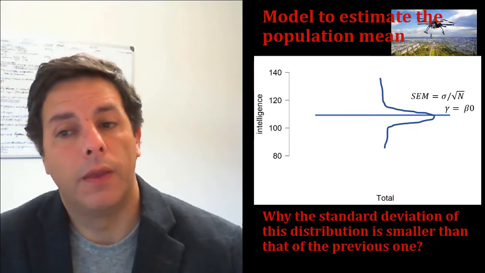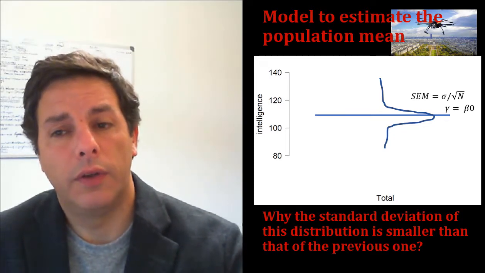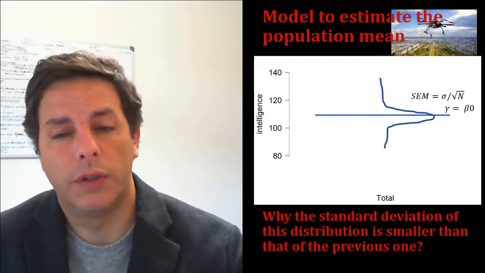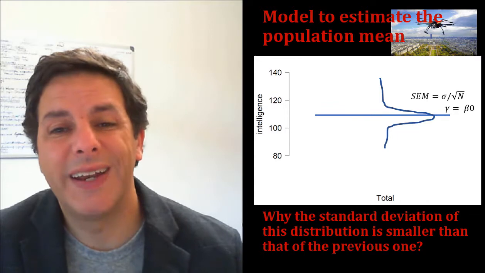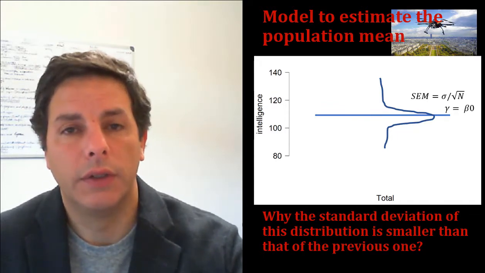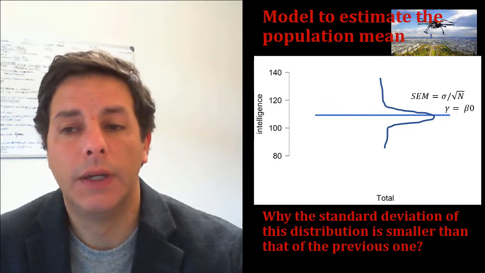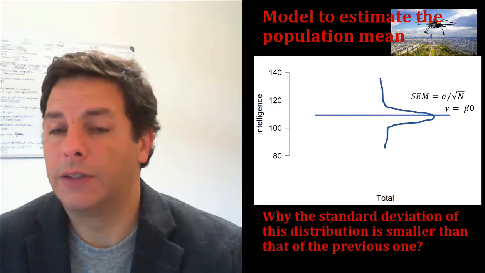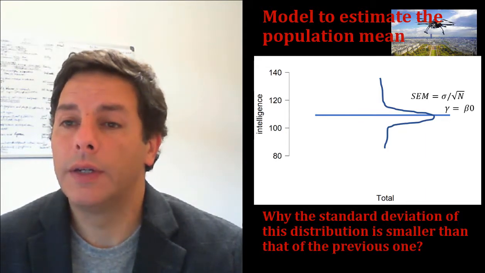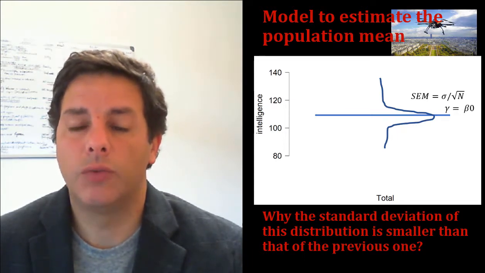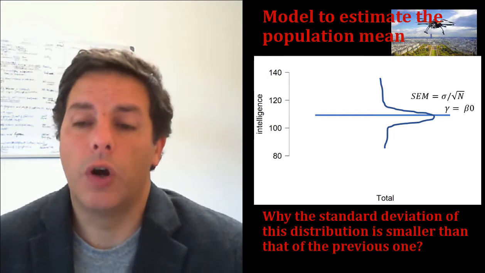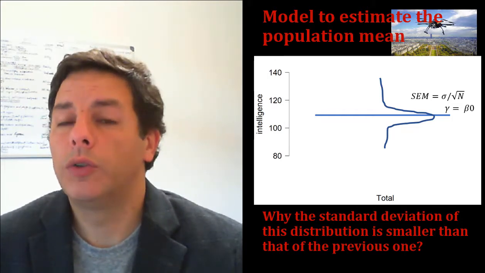Now, previously we used the mean model with a normal distribution to make a prediction of the next value we can obtain if we collect data. Now we are not doing that. Now we are making a prediction of what the mean of the population is. That's what we want to know. Again, why do we want to do that?